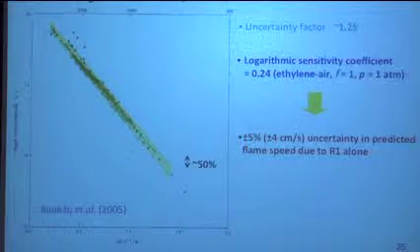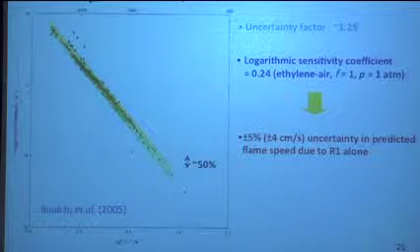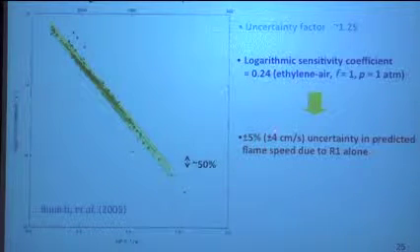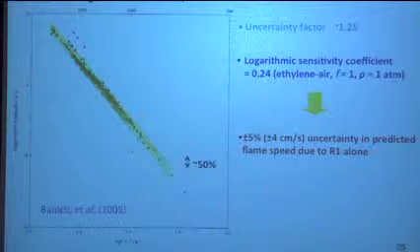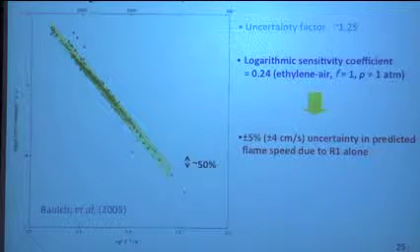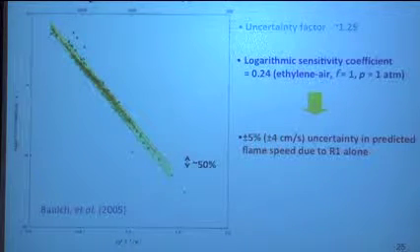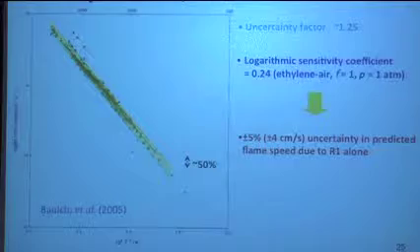That's 4 centimeters per second. The laminar flame speed of ethylene is about 80 centimeters per second. So 4 centimeters per second, that's rather large. Okay, but that's only one reaction. And I have another few hundred. The question is, what do you do?